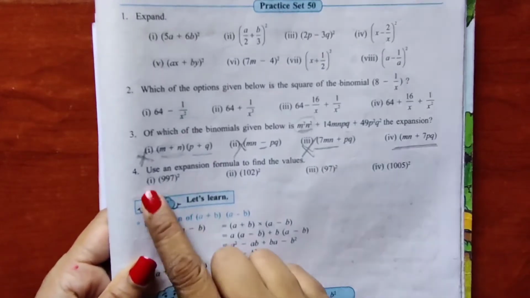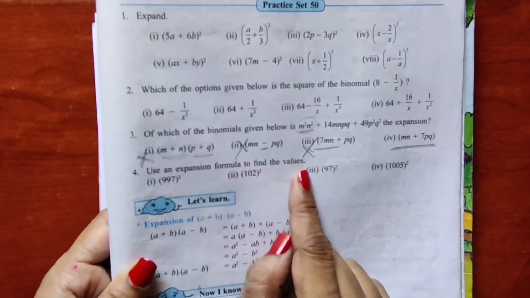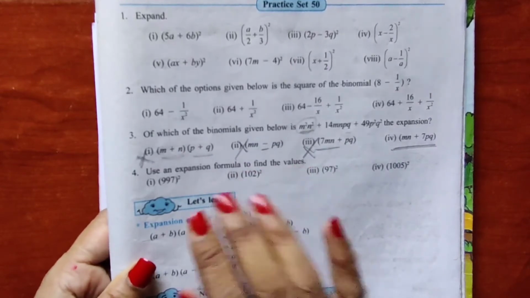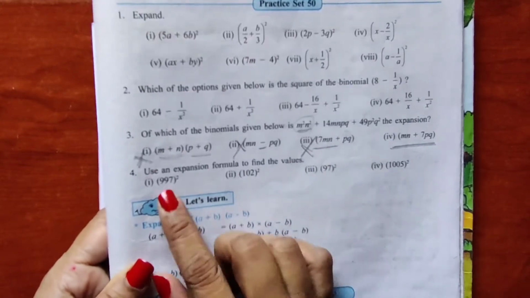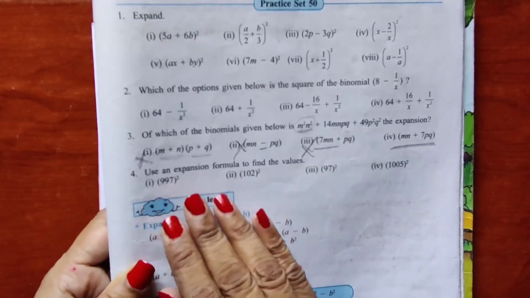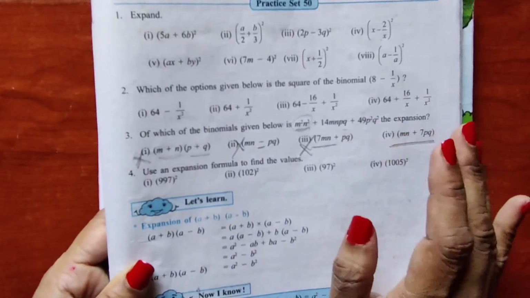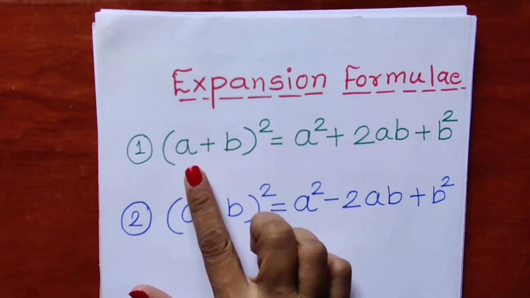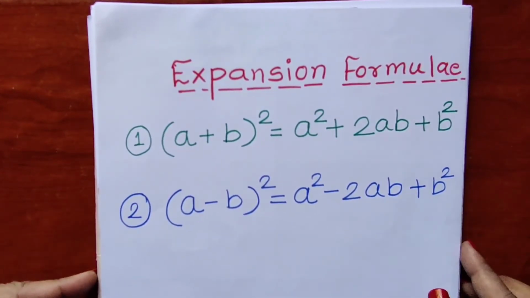Now let us see question number 4. Use an expansion formula to find the values of these numbers. Numbers are given, and we have used expansion formula in the previous questions where there is a binomial, square of a binomial, inside the bracket. We have applied two formulas for solving the sums.